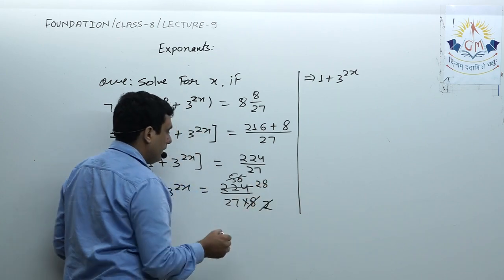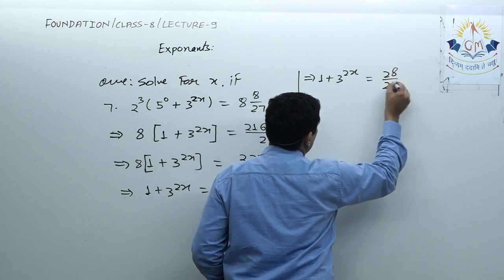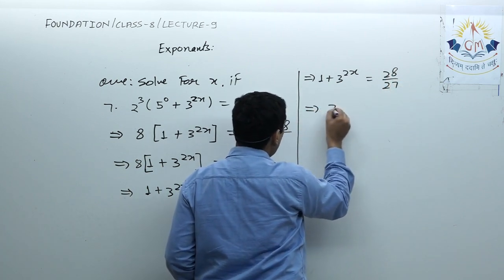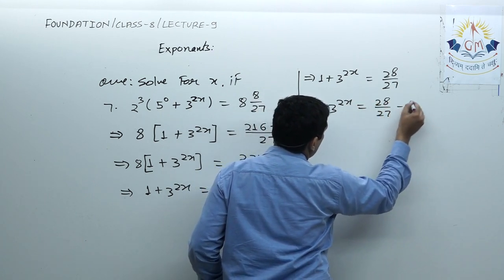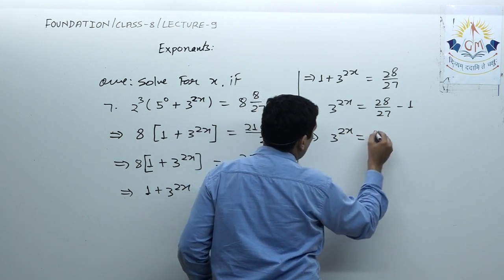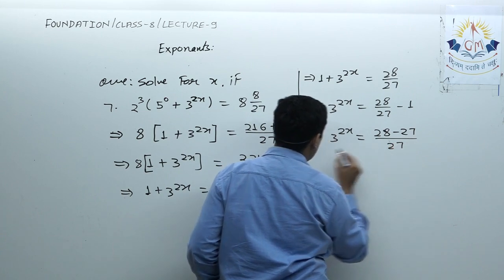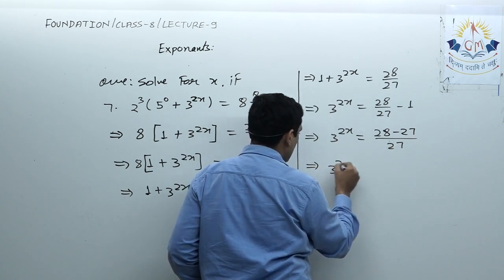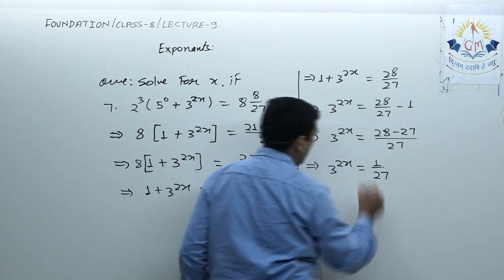So 28 upon 27. 3 raised to 2x is equal to 28 upon 27 minus 1. 3 raised to 2x is equal to 28 minus 27 upon 27. So 3 raised to 2x is equal to 1 upon 27.